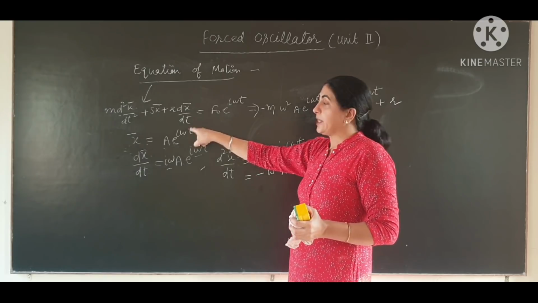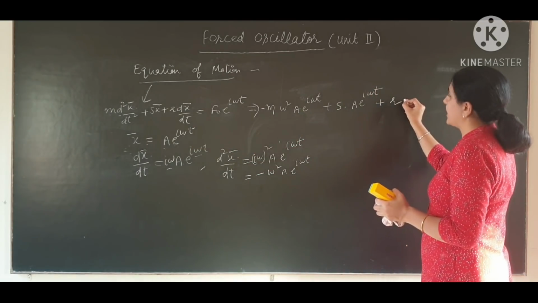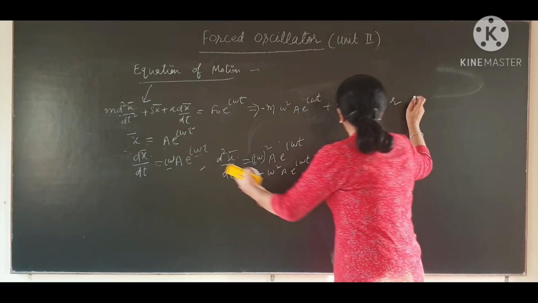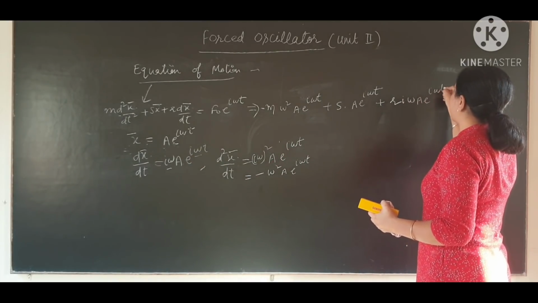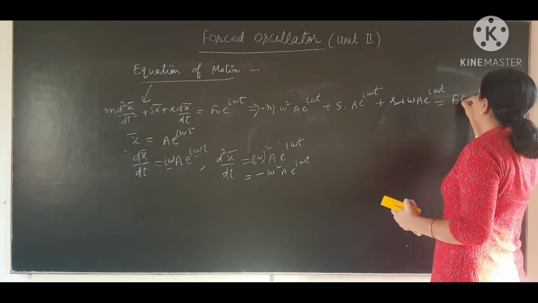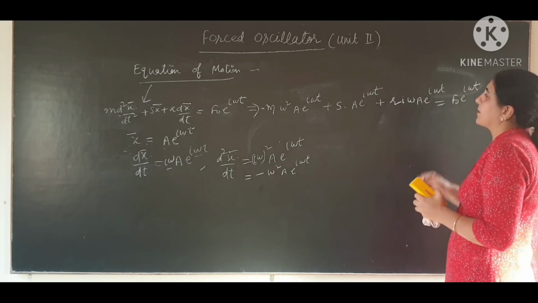Here dx by dt is iota omega a e raised to the power iota omega t, and this equals F naught e raised to the power iota omega t.